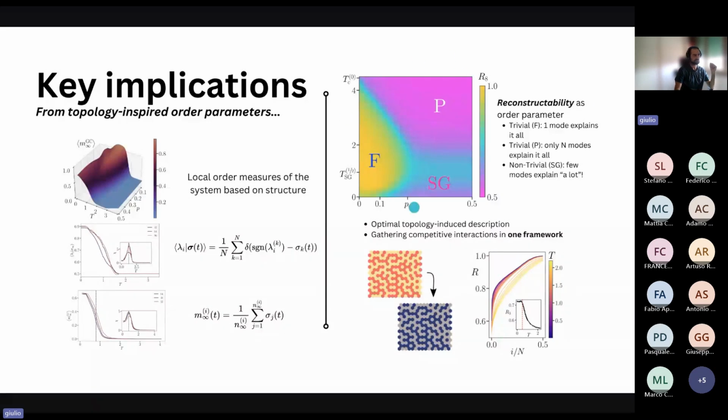For example, in this phase diagram, this is the Edwards-Anderson plus-minus J model in 3 dimensions. You see that in the ferromagnetic phase, with a few modes you describe the whole picture. In the paramagnetic phase, you don't describe anything, while in the spin glass phase you have this in-between situation in which structural features really determine quite a lot of your system.